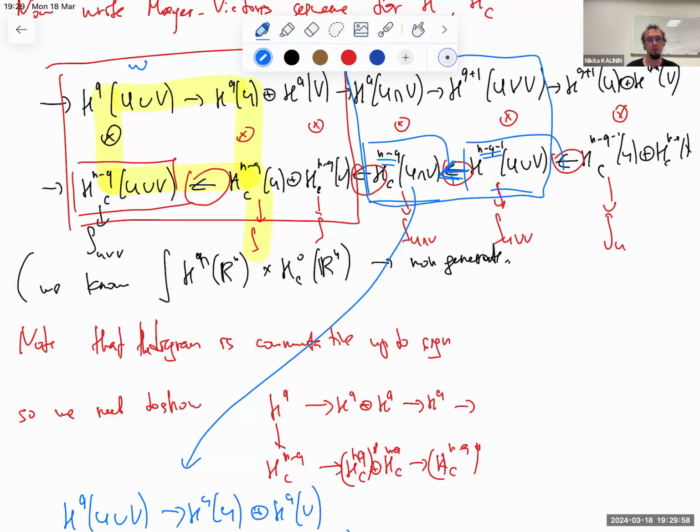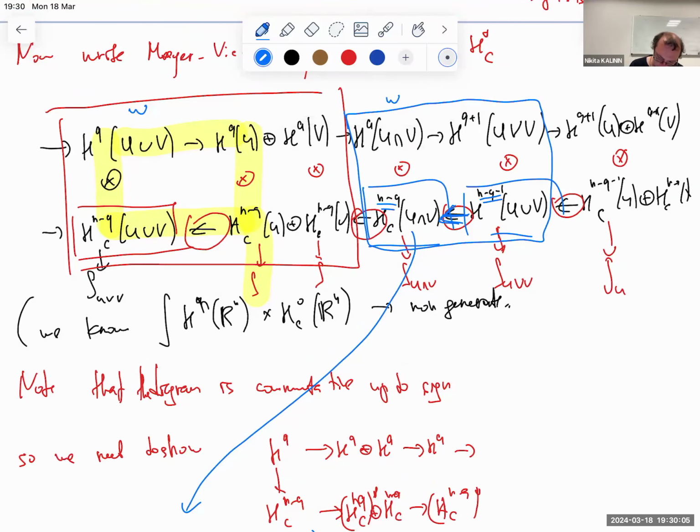So I want to take a form tau. Here I have omega, here I have tau. I can put omega here, then pair it with tau, or I can take a pushforward of tau and pair it with omega. And I want to say that it will be the same. That means the commutativity of the diagram.